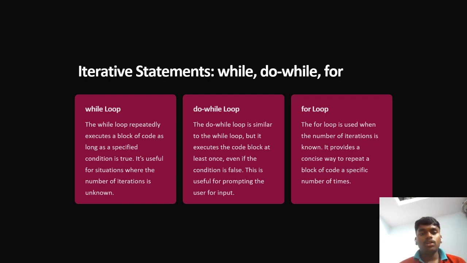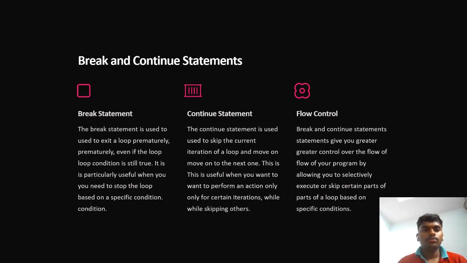Do-while loop: the do-while loop is similar to the while loop, but it executes the code block at least once, even if the condition is false. This is useful for prompting the user for input. For loop: the for loop is used when the number of iterations is known. It provides a concise way to repeat a block of code a specific number of times.